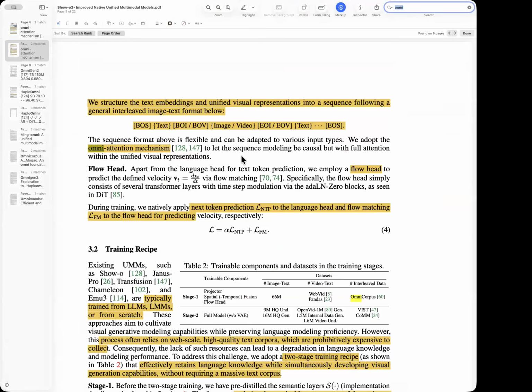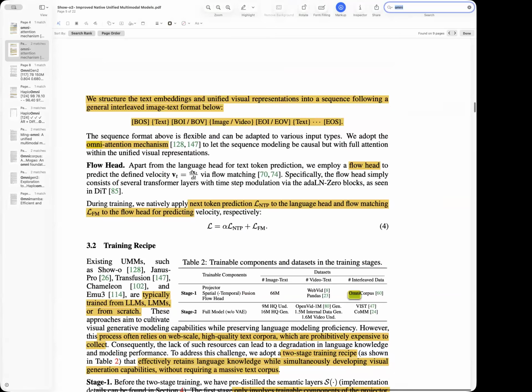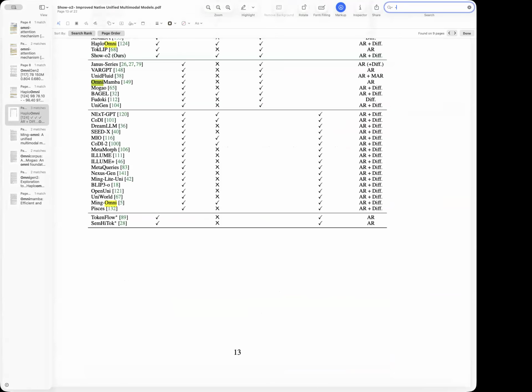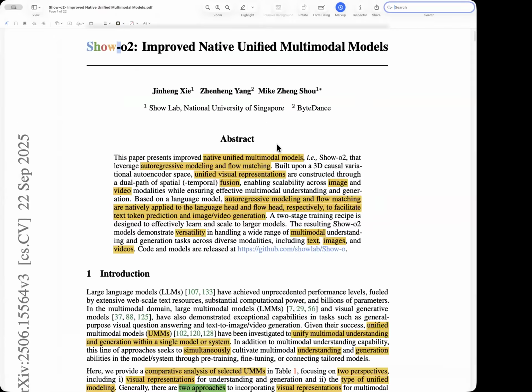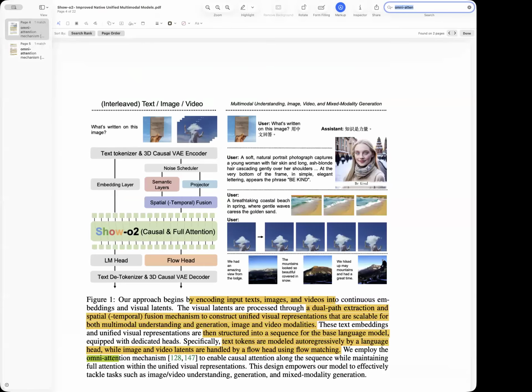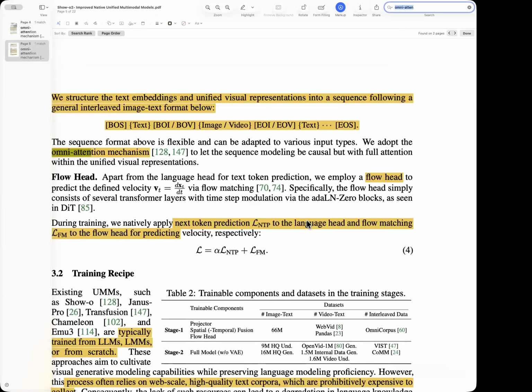So first, let's start with your Omni-Attention question, and anyone else feel free to chime in. They have a section on Omni-Attention. Basically, it's causal attention over the whole sequence, full attention in the visual token box, just so that there's global coherency.